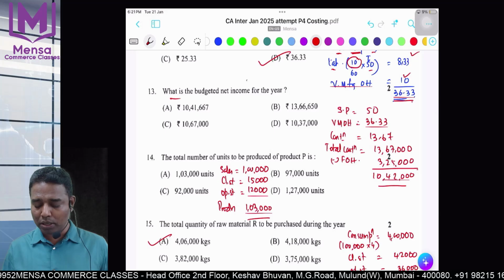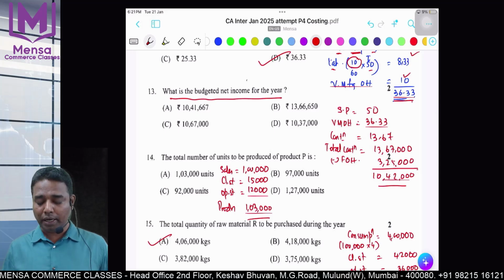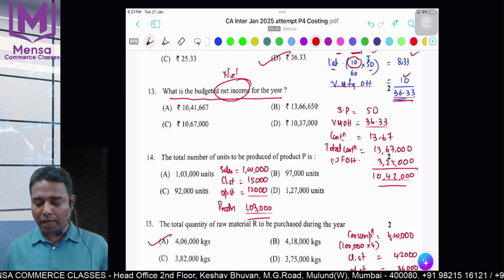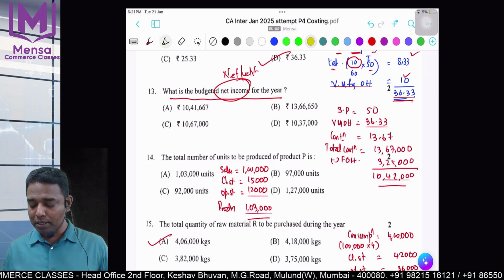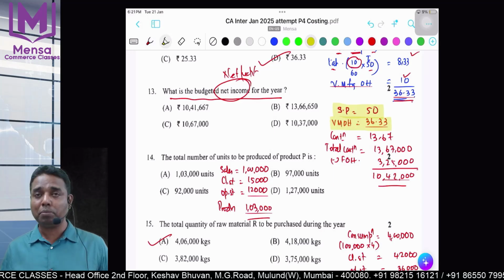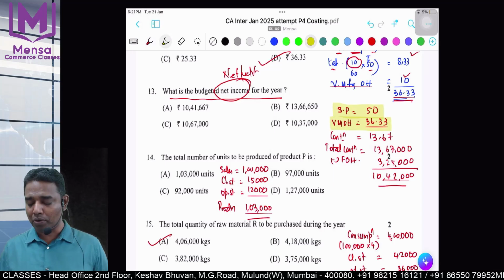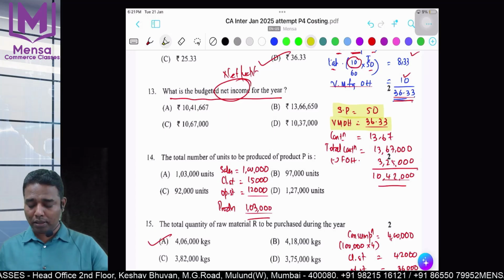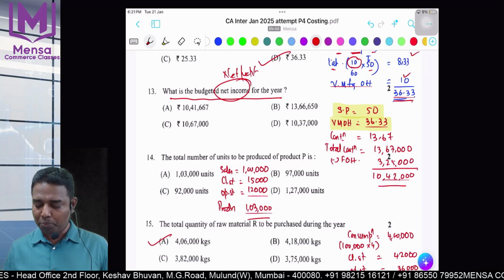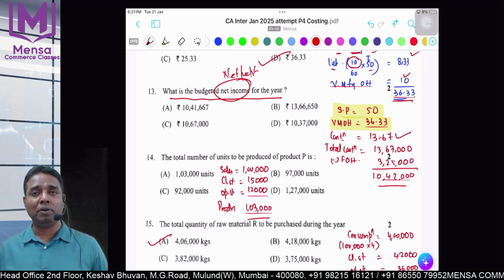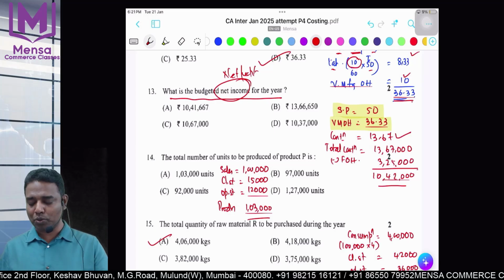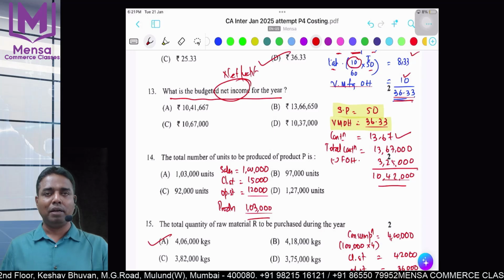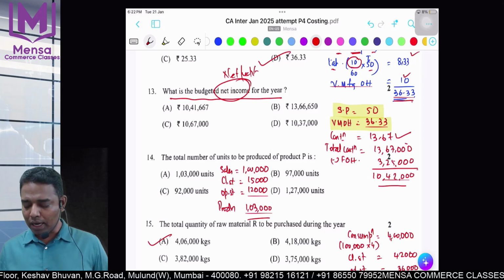Then they are asking what is the budgeted net income. Net income is nothing but your net profit. So how do I get the net profit? I know the selling price is 50 rupees. I know the variable cost I just found out is 36.333. So I'll get the contribution per unit, 13.67, into how many units am I going to sell? 1 lakh. So 13.67 into 1 lakh is 13,67,000, less the fixed overheads.